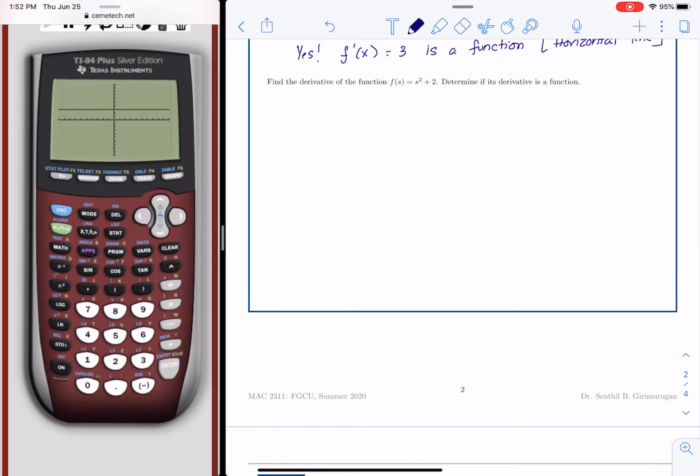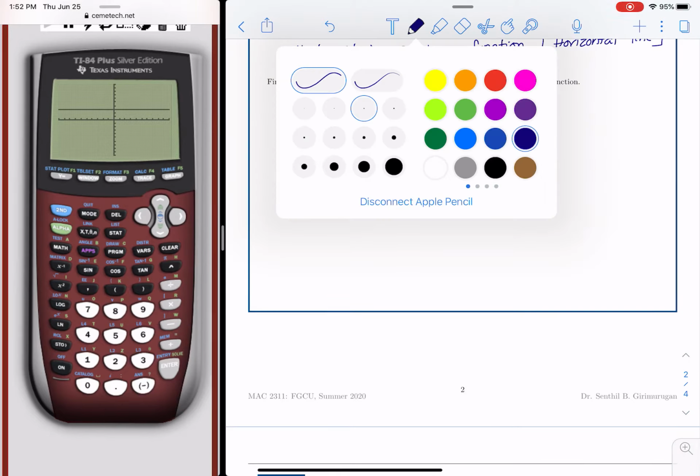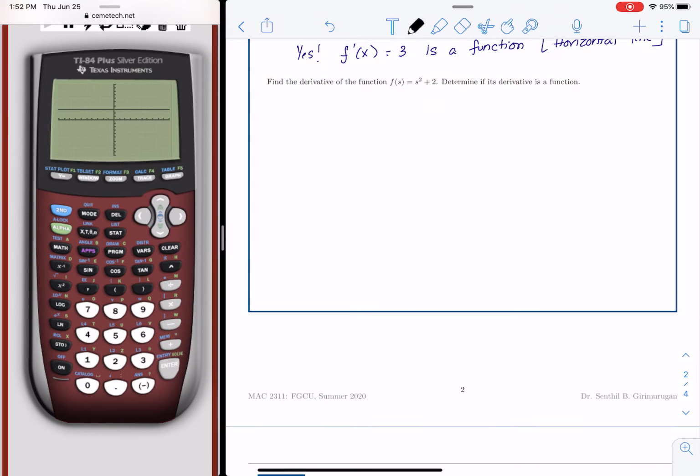So here is another case. F of s is equal to s squared plus 2. What is the independent variable? The independent variable is s, and I'll call y equals f of s. So the dependent variable is y, and we take the derivative of y with respect to s.